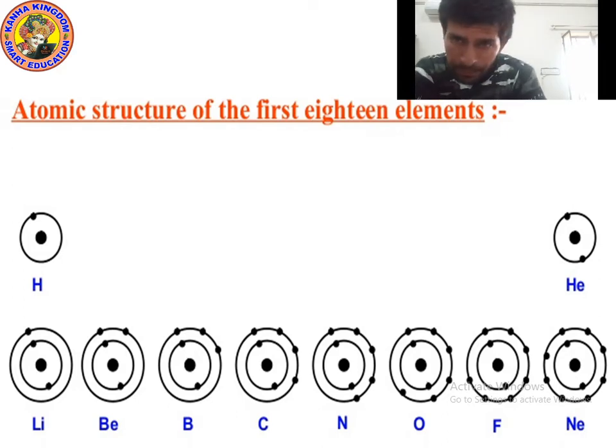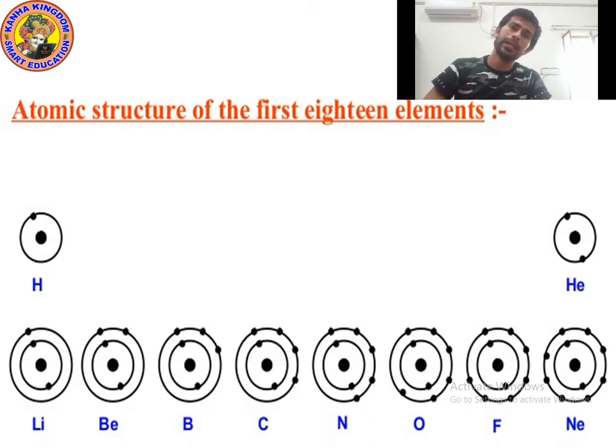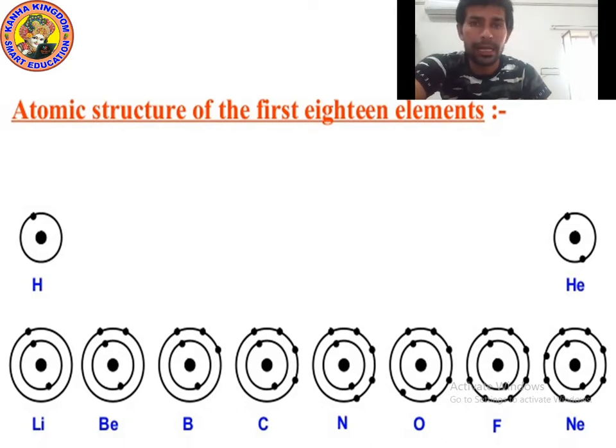Now beryllium. How many electrons are present in beryllium? 4 electrons are present. In the first circle, we can fill only 2 electrons, so we will draw 2 black dots. So 4 minus 2 is 2.